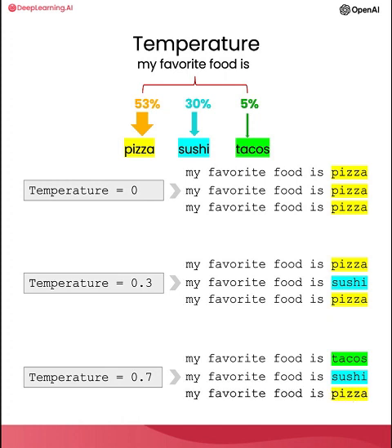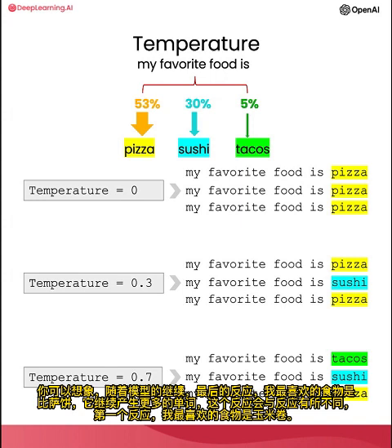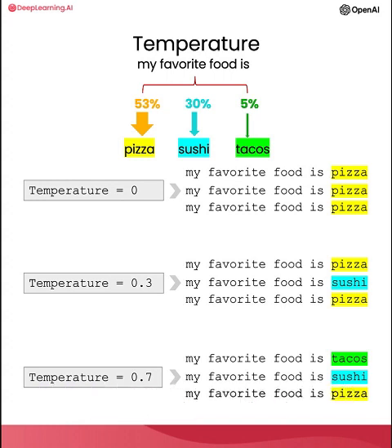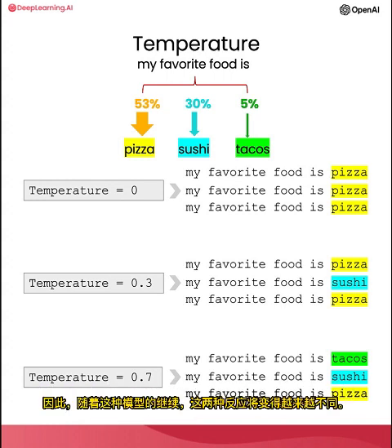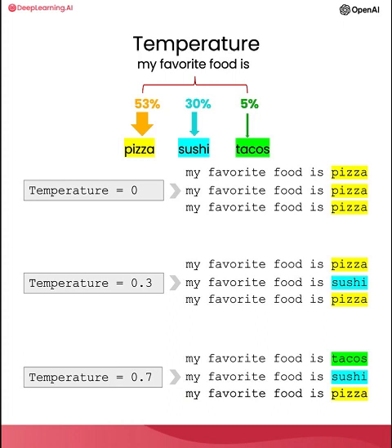And you can imagine that as the model continues this response, so my favorite food is pizza, and it continues to generate more words, this response will diverge from the first response, which is my favorite food is tacos. And so as the model continues, these two responses will become more and more different.